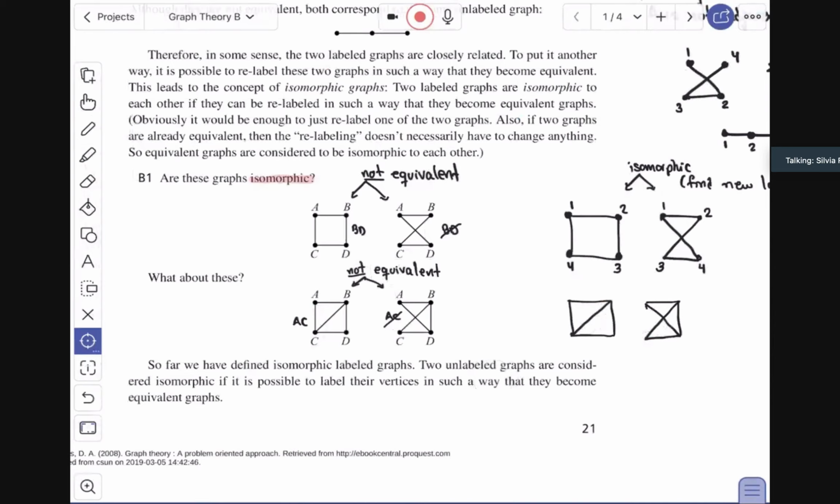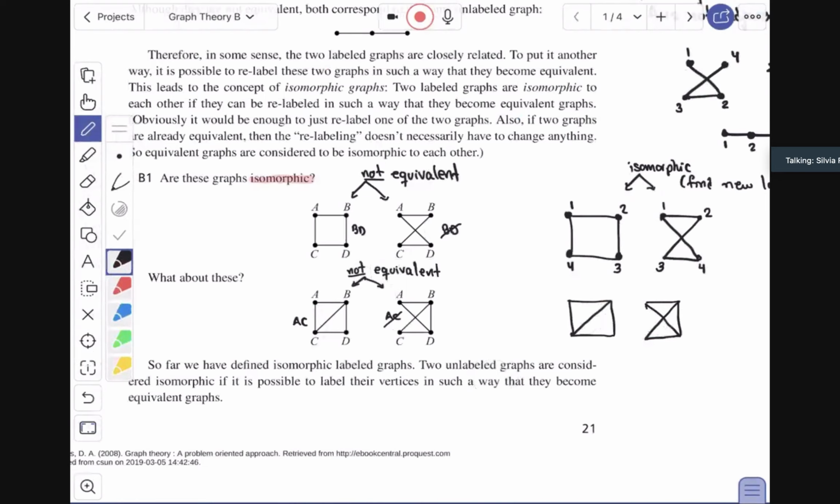If they're isomorphic, they need to have the same number of vertices, the same number of edges, the same degree sequence, the same number of cycles of a given size, the same number of paths of a given size. All of those things need to happen. So if you find one of those that doesn't happen, then they're not isomorphic. But finding one of those when they're not isomorphic can be tricky. So this is actually a really hard problem. So of course, when you have small graphs, it's not necessarily hard, but in general, it's a really hard problem.